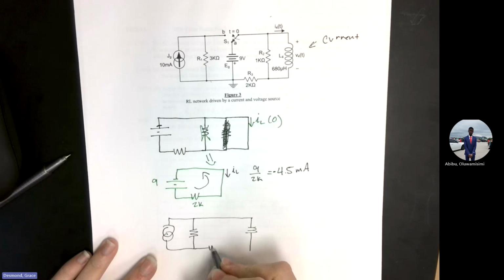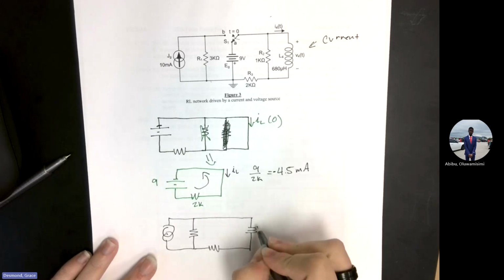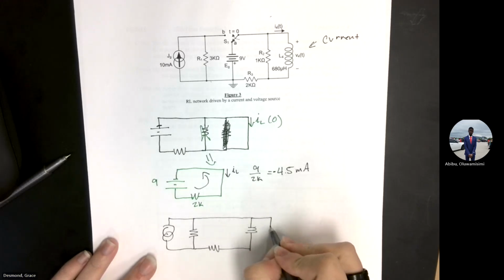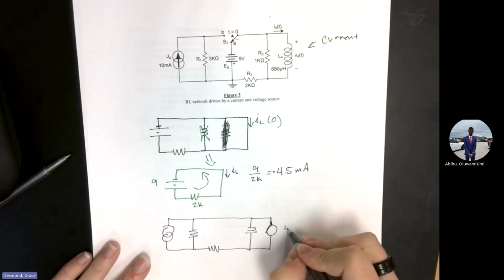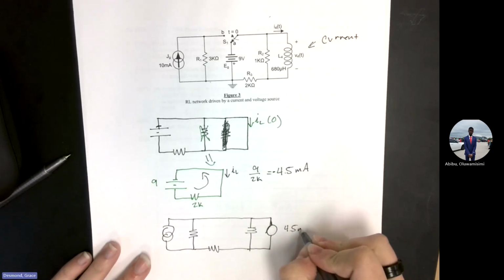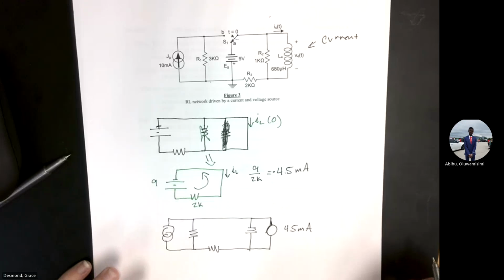So our network is going to end up looking like this with a current, first it's going to be 4.5 milliamps. Which direction, up or down?